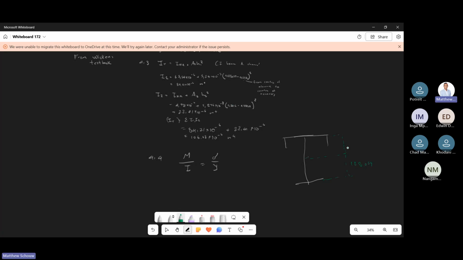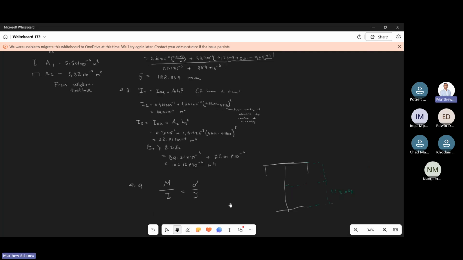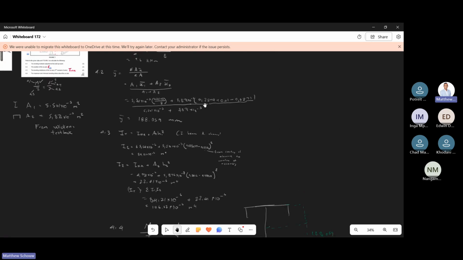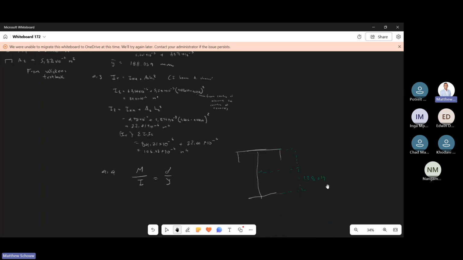Then can you give me the distance from the top going right down? It's the total length minus 188.059, so 259.4 plus the channel thickness coming down. That's where we need the maximum, because this is the neutral axis, where there's no stress.